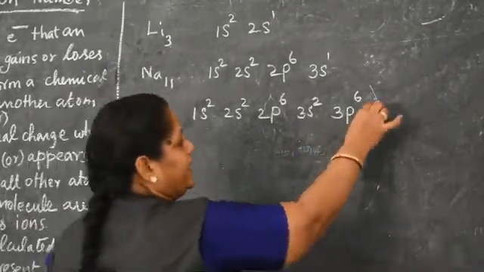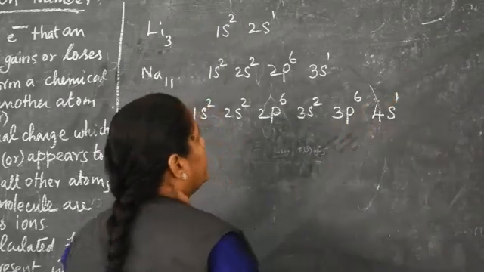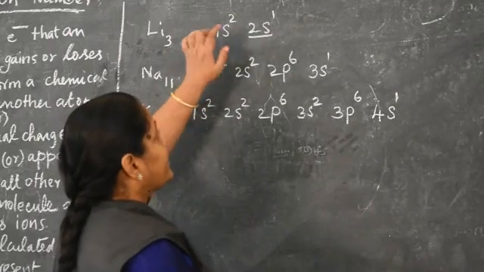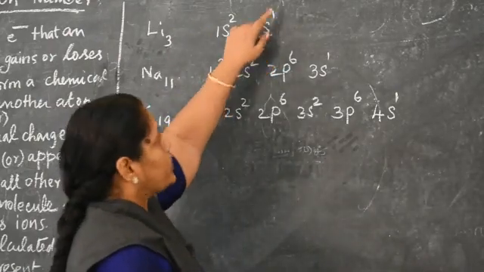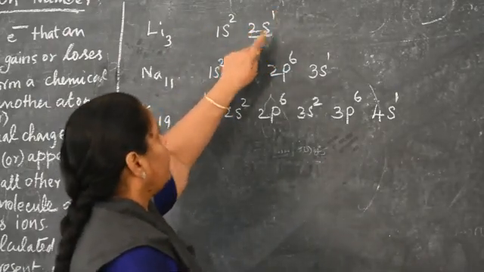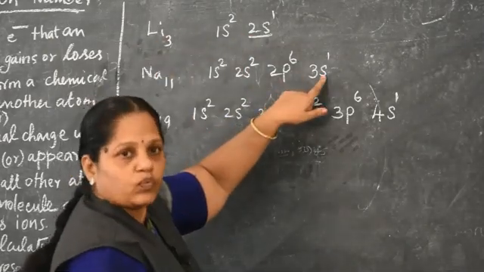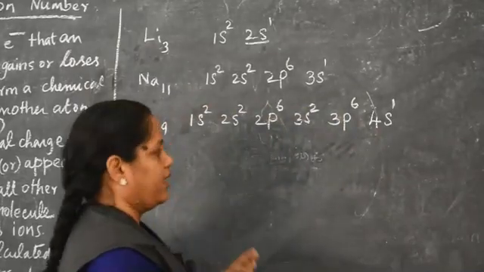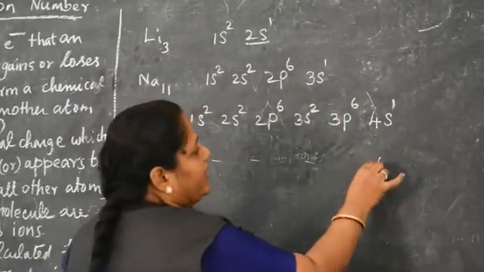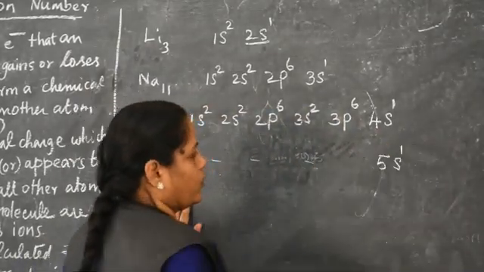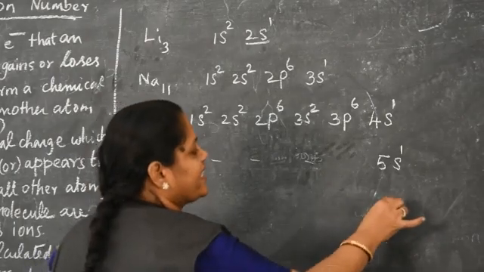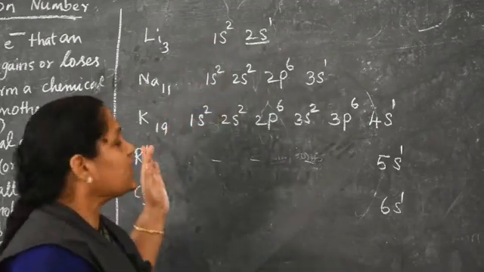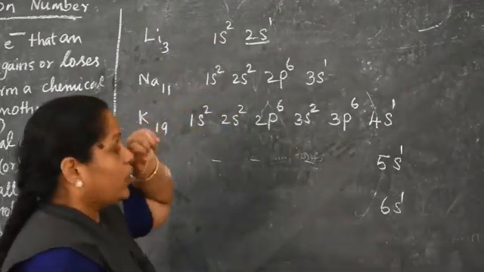So it enters 4s1. So here, the electron entering the outermost shell is s1: 2s1 for lithium, 3s1 for sodium, 4s1 for potassium, and like that the last electron enters 5s1, and 6s1 for the next.